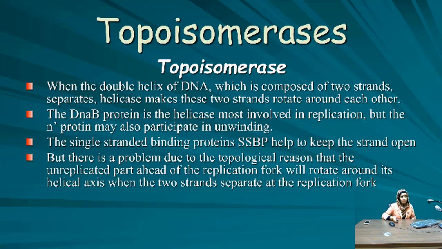The single-stranded binding proteins, SSB, help to keep the strands open. But there is a problem, for topological reasons: the unreplicated part ahead of the replication fork will rotate around its helical axis when the two strands separate at the replication fork.